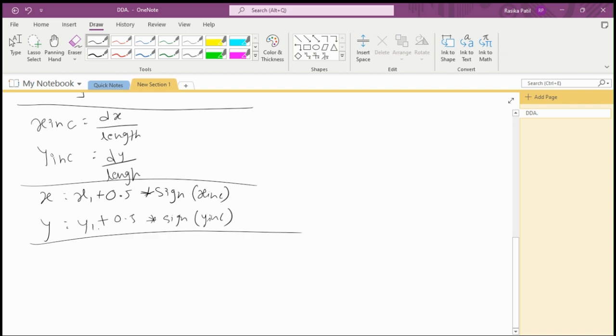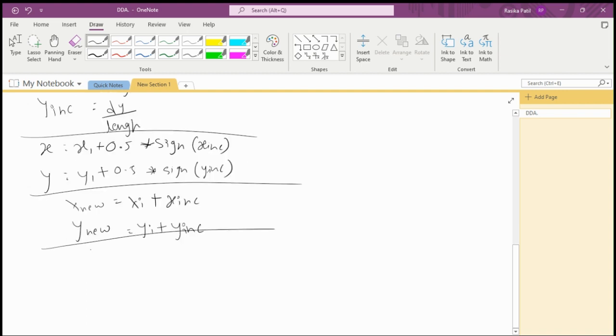In that, we add: x new equals current x plus x increment, and y new equals current y plus y increment. We have to repeat this until we reach the last point.